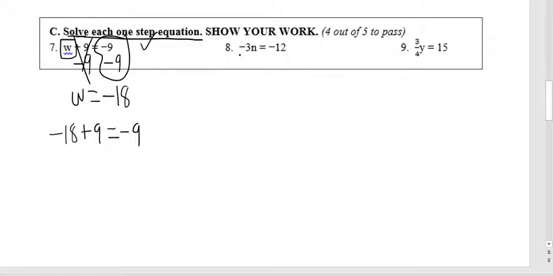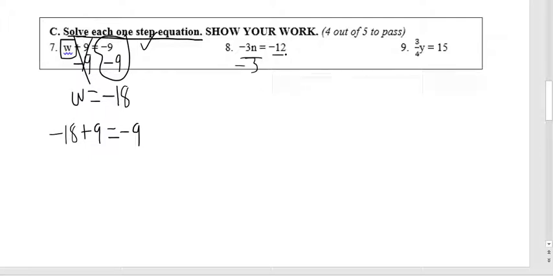Okay, on question number 8, this is negative 3 times n. Whenever you have a variable right next to a number in algebra, that's implied multiplication. So this is negative 3 times n equals negative 12. If we want to get rid of the multiplication of negative 3, we have to divide by negative 3.